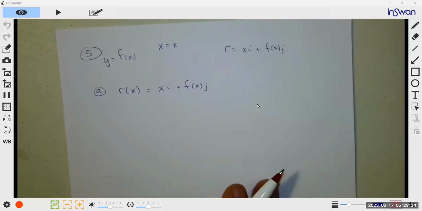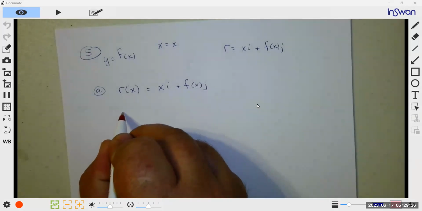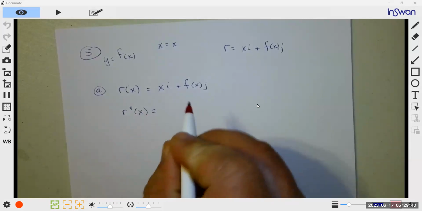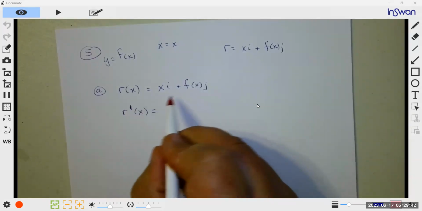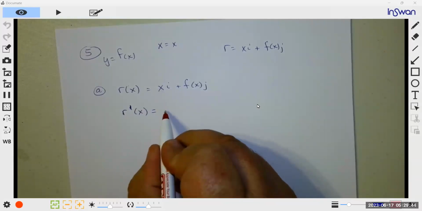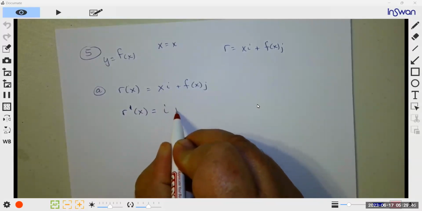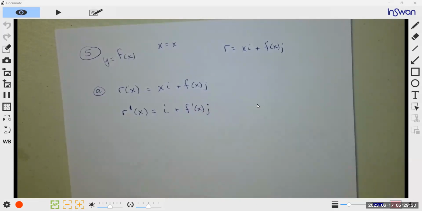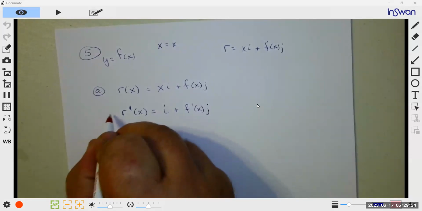So it's twice differentiable. That equals the derivative of x is 1, so it's just i, plus f prime of x j. This equals v.